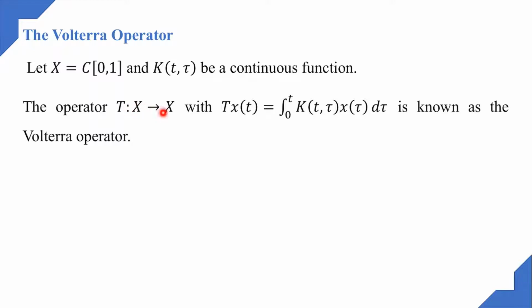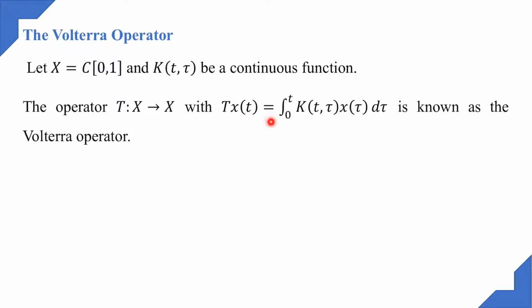The operator T from X to X, denoted by T of x(t), is equal to the integral from 0 to t of k(t, tau) x(tau) d tau, is known as a Volterra operator. We know that if both the limits of integration are constants, we will call it a Fredholm operator, and if one of the limits is varying, then we will call it a Volterra operator.